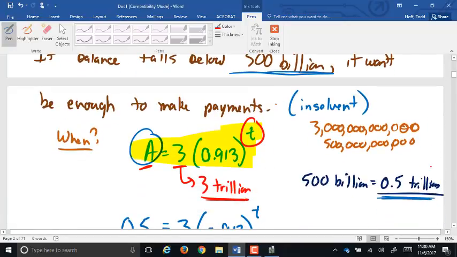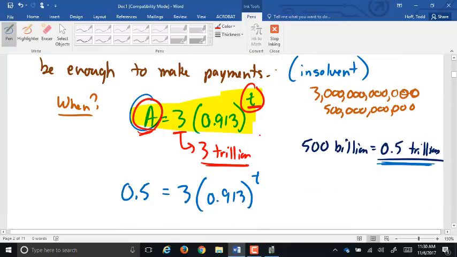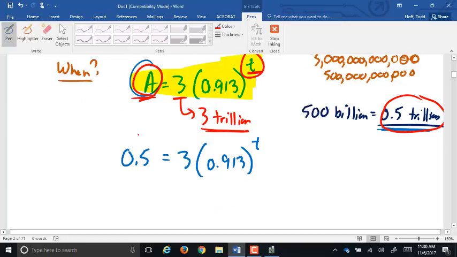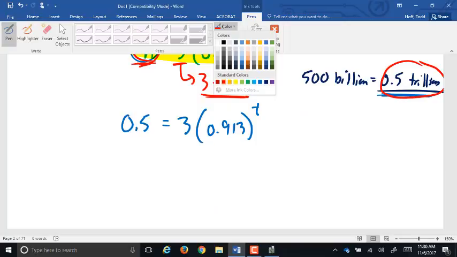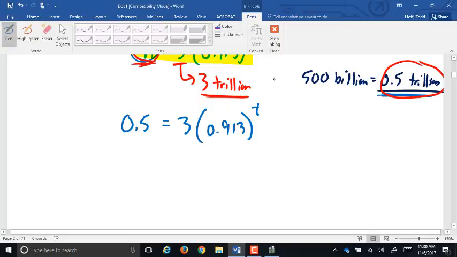Or we can put in a number for a and solve to see what t has to be. So those are our only two options when we have numbers. So when we have the 0.5 trillion or the 500 billion, that has to go in for a, the amount, the balance. So then how would we solve this? We'll go ahead and do this as a group. Just talk me through it.